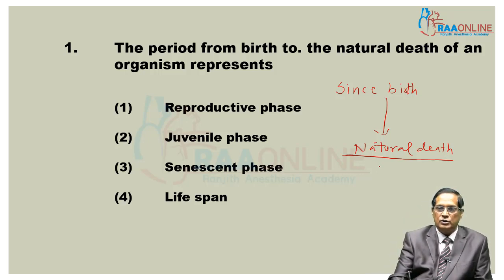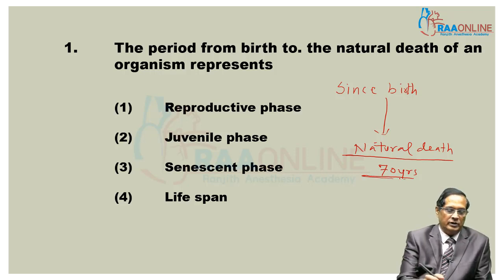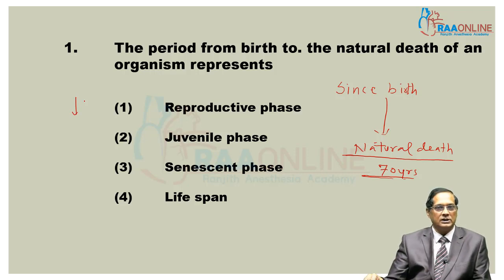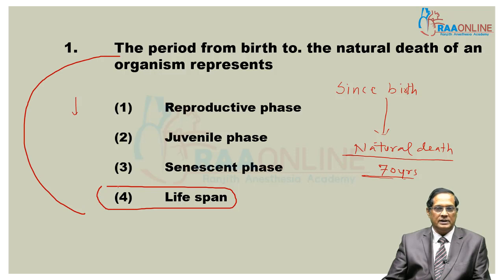For example, a human being has 70 years of lifespan. And I have already mentioned that it varies from plant to plant, organism to organism, or species to species.